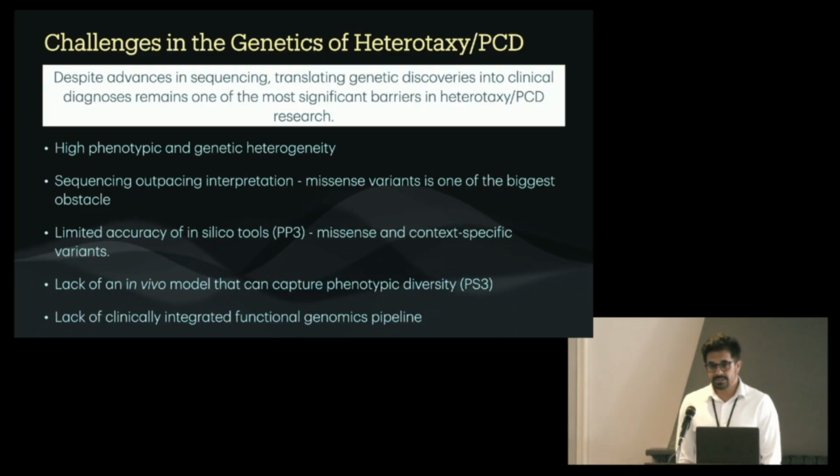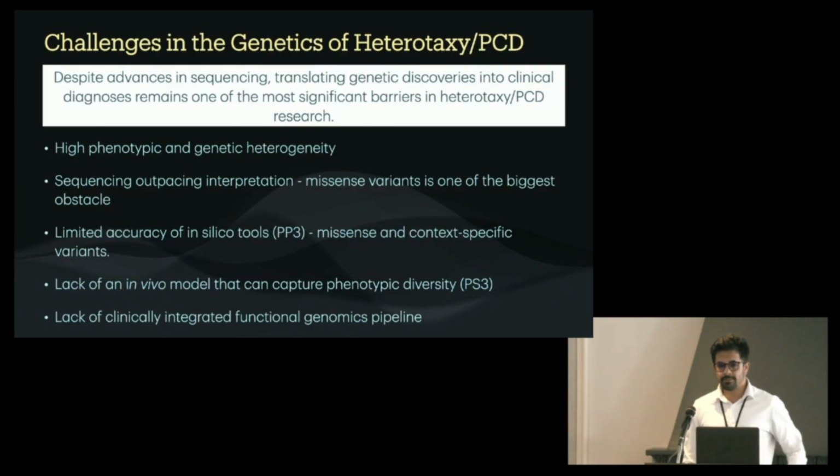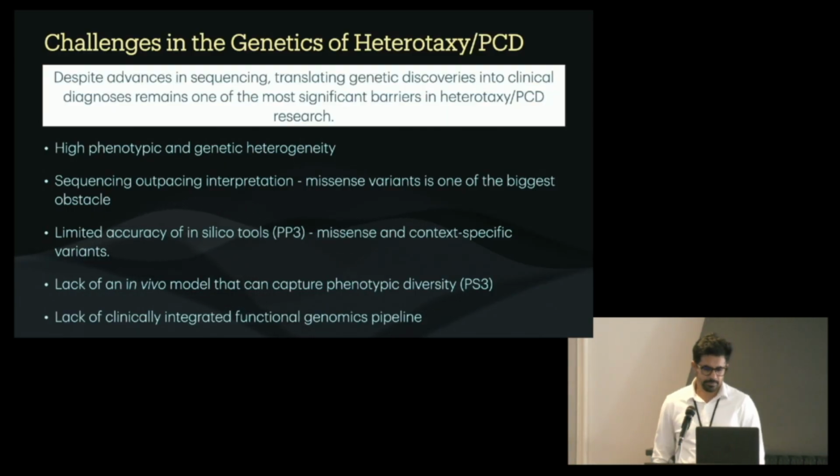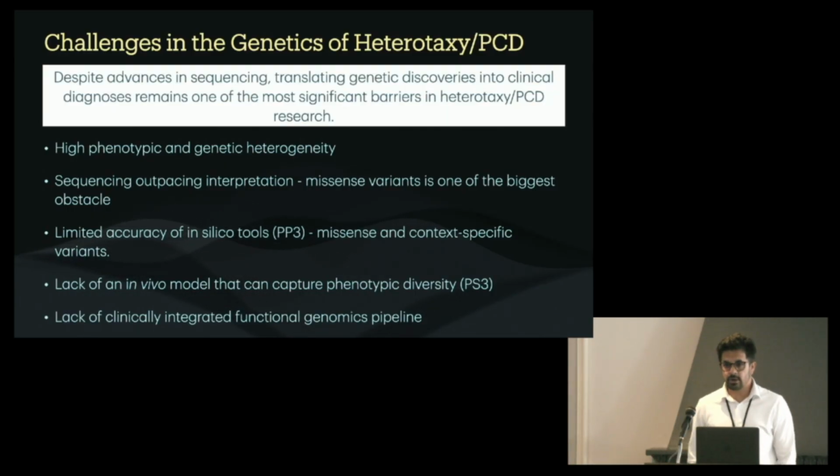Also, we can use in silico models now. There are tons of them, but they have really limited accuracy, so you can't use them as efficiently or reliably. They only give a PP3 level, a probabilistic level of pathogenicity, for you to interpret the VUS that was identified. Also, some of the VUSs are context-specific, like some VUSs may just cause heterotaxy, but not PCD or neurodevelopmental disorders, and we still don't understand that.